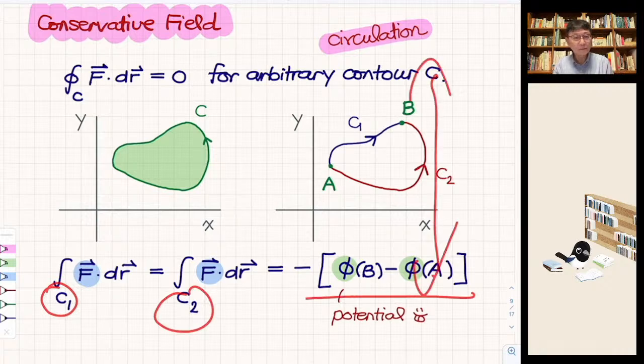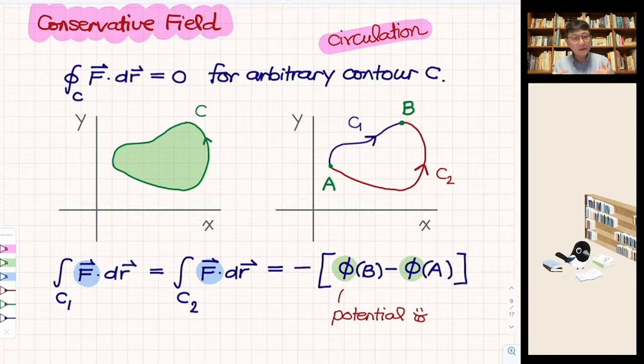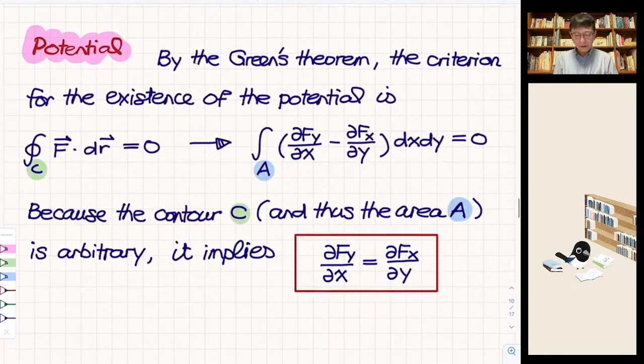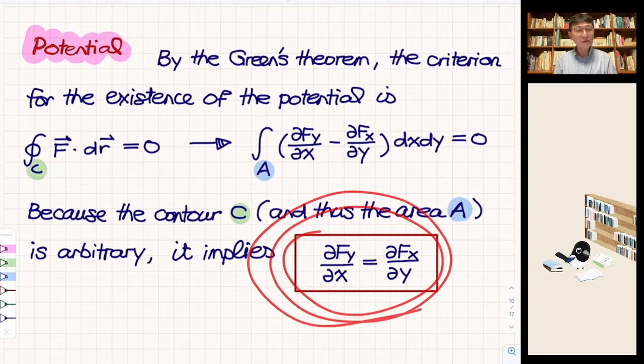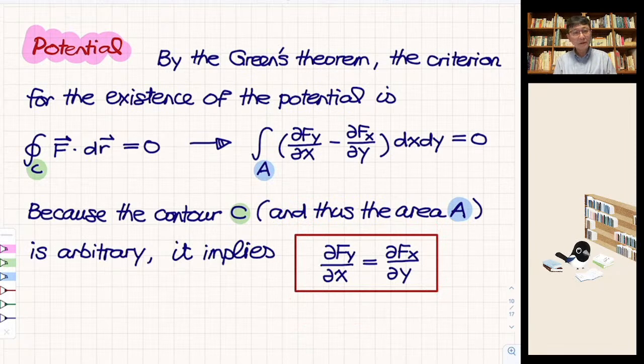Both are equivalent expressions. But these integral expressions are conceptually useful, but not very useful in terms of real calculation. If I just give you some fields, how are you going to know if it's conservative or not, right? And so this is the truly useful criterion. Because you write down f_x, you write down f_y, you just take the partial derivatives and check whether they equal each other.